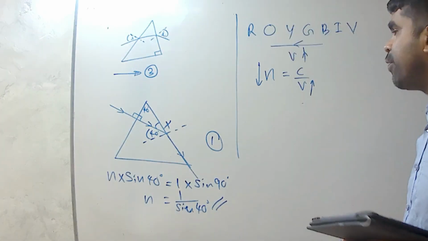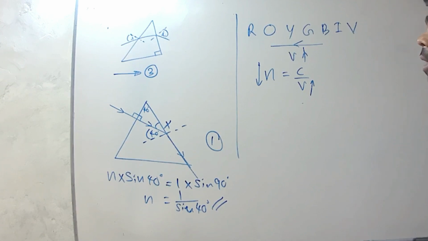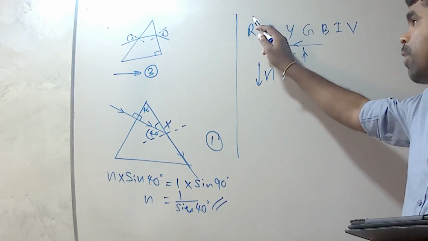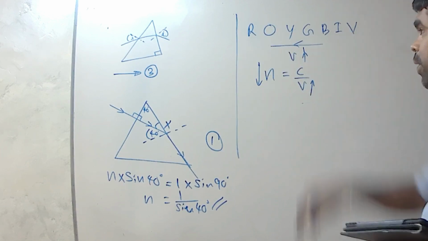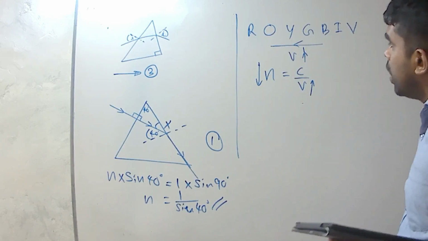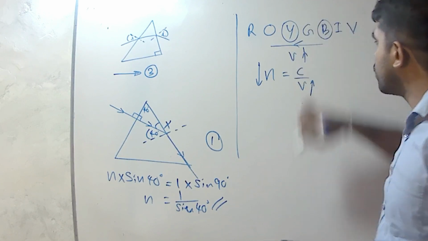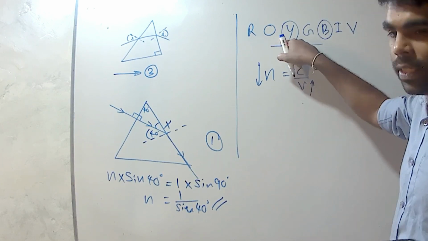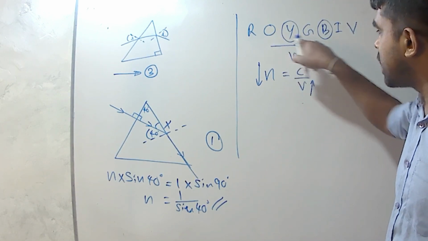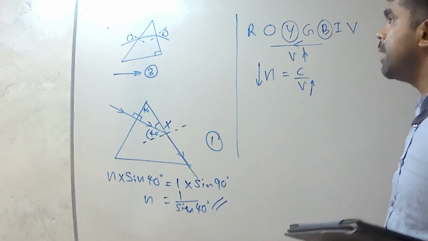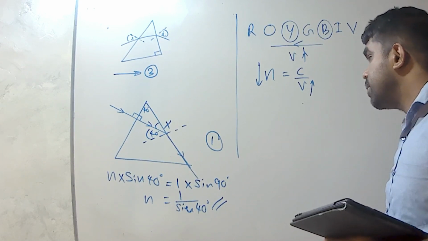In this direction, refractive index is a small value. For the red color, refractive index is a small value. Now I will consider yellow and blue. For the yellow color, refractive index is a smaller value than the blue color.